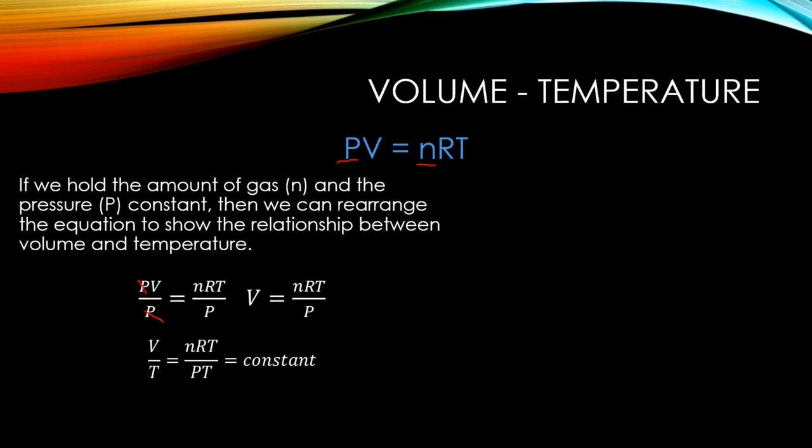The volume divided by the temperature is equal to nRT over PT. Well, of course, the T's will cross out too. But this is equal to a constant because we're not going to change the number of moles.